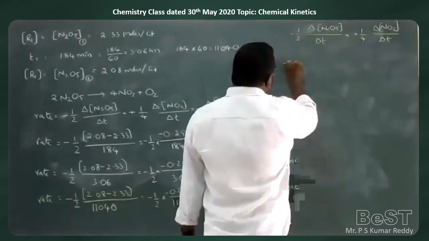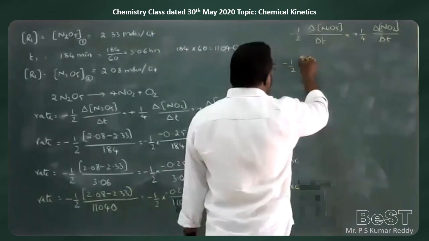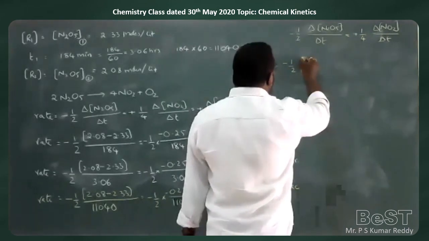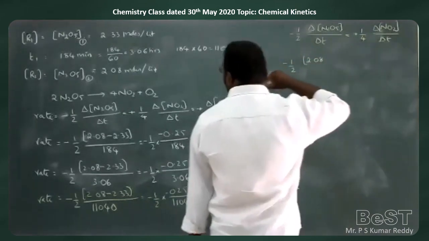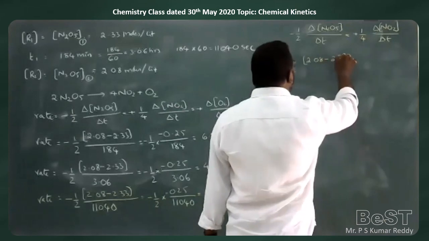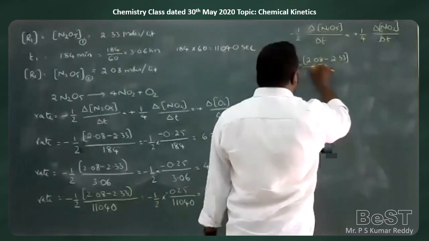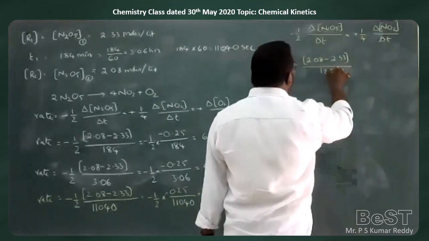Here delta N2O5 is the final concentration 2.08 minus 2.33, by delta t given as 184 minutes.